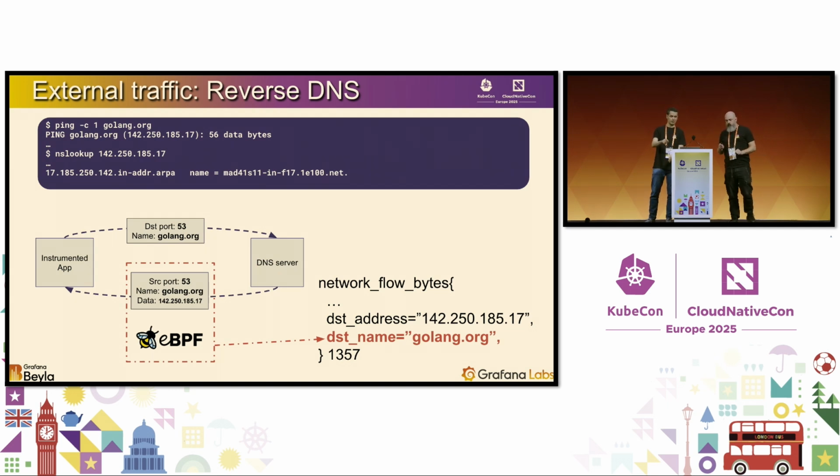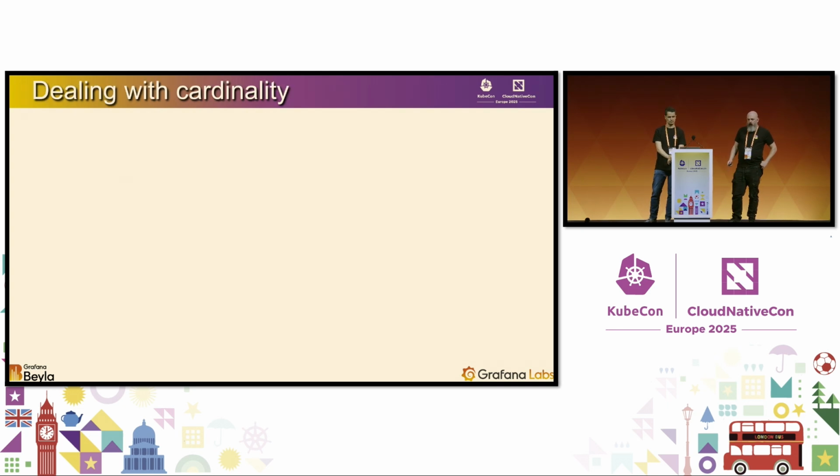The good part here is that using eBPF to sniff the DNS traffic allows you to get the actual name. If we were using a namespace lookup, instead of golang.org we would decorate it with gibberish, whatever is actually returned. So thanks to eBPF, we can provide a more accurate local reverse DNS.